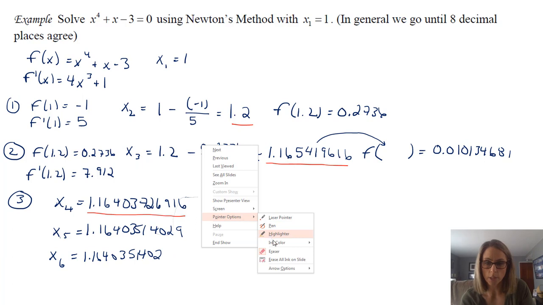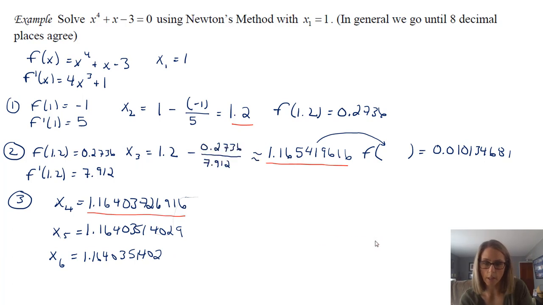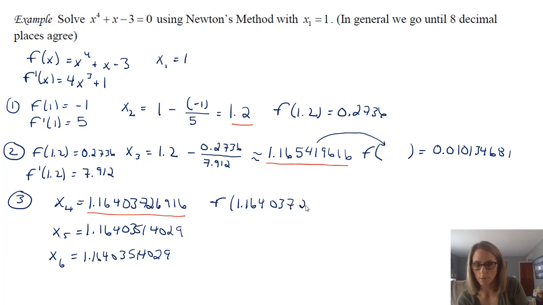So it takes a few iterations, and again, the closer you are originally, the easier it's going to be. But we can see that the root here is, in fact, something like this, correct to this many decimal places. And if we were to test x sub 4, I put that in: 1.16403726916.